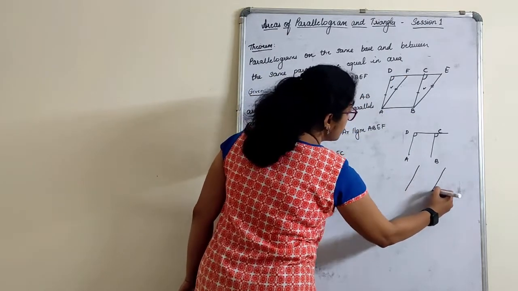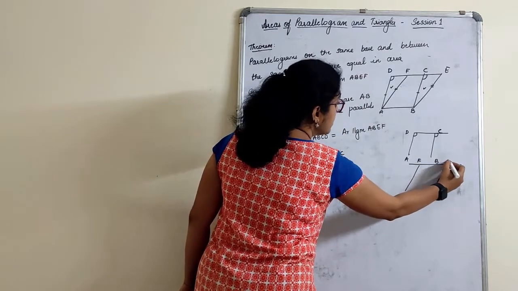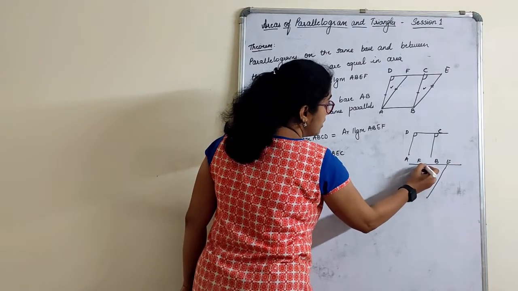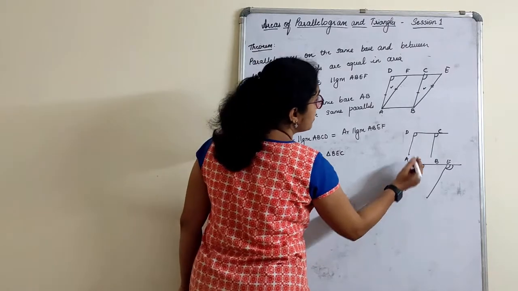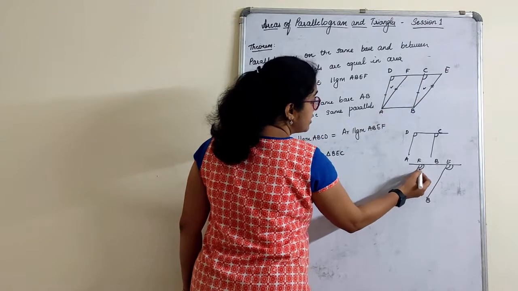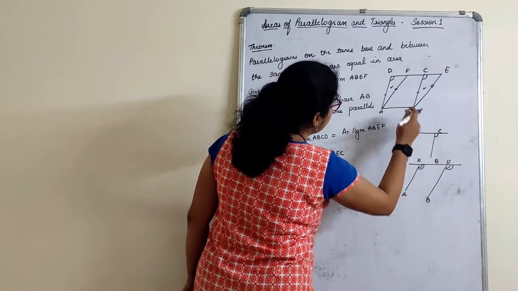Now see the next part. It is these two sides. I'll extend this. This is F and this is E. So can I tell now angle F is equal to angle E? They are parallel. Oh sorry, I marked it wrong, I believe.